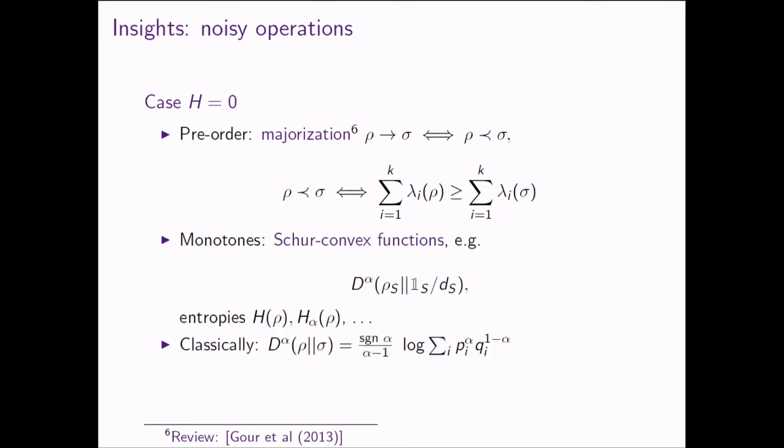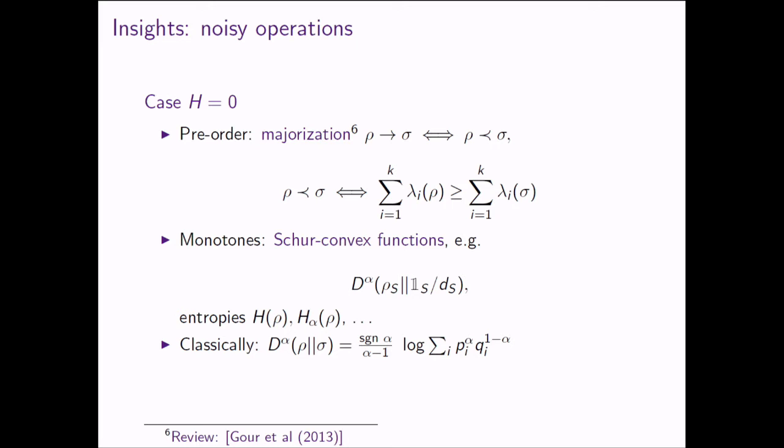So if you have this kind of pre-order on your set of resources, then your monotones are all the Schur convex functions. In particular, you have this thing here, which is a divergence, or the Renyi divergence, to the set of free states. Some of you are very familiar with this, and I will not say anything new.